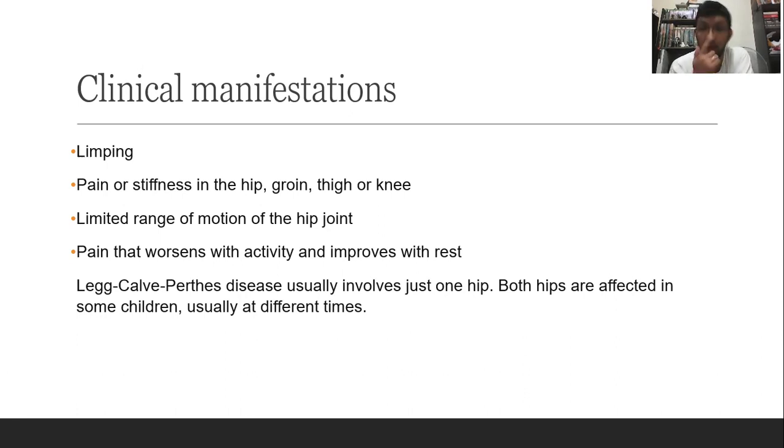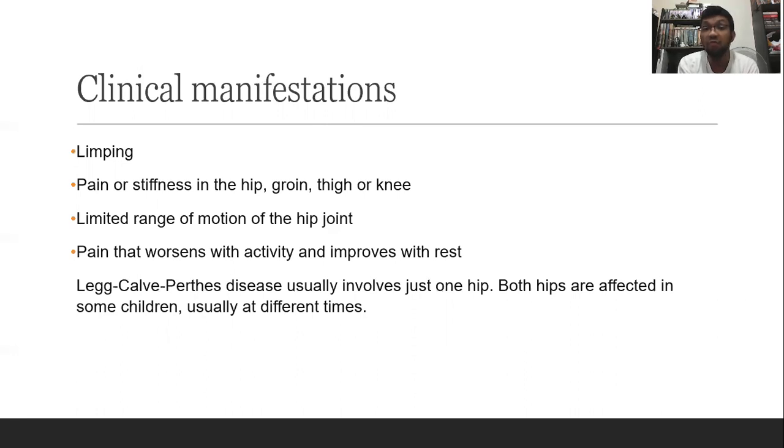So they cannot abduct the hip or the leg that is affected. Pain that worsens with activity and improves with rest. So if they walk, for example, they are going to experience pain, but this disappears when they rest.